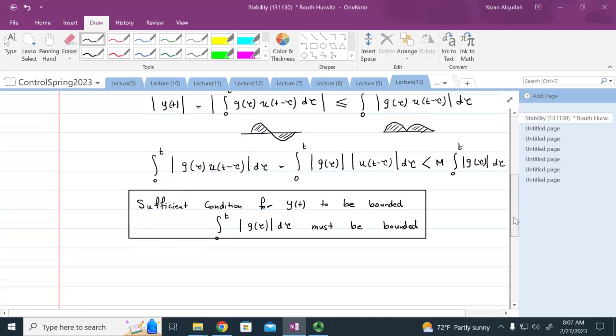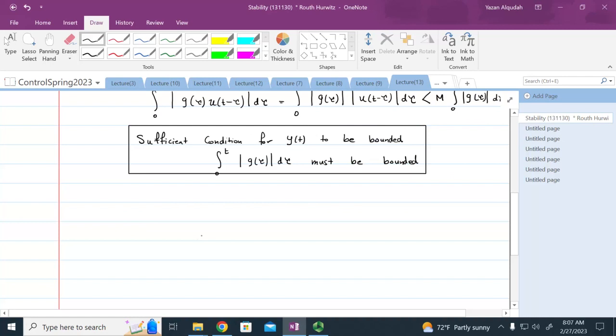Okay, so let's look at an example. If I have g of s that is equal to 1 over s plus 1 multiplied by 1 over s minus 2, I can do partial fraction expansion and write this as 1 over 3 multiplied by 1 over s minus 2, minus 1 over 3 divided by s plus 1.